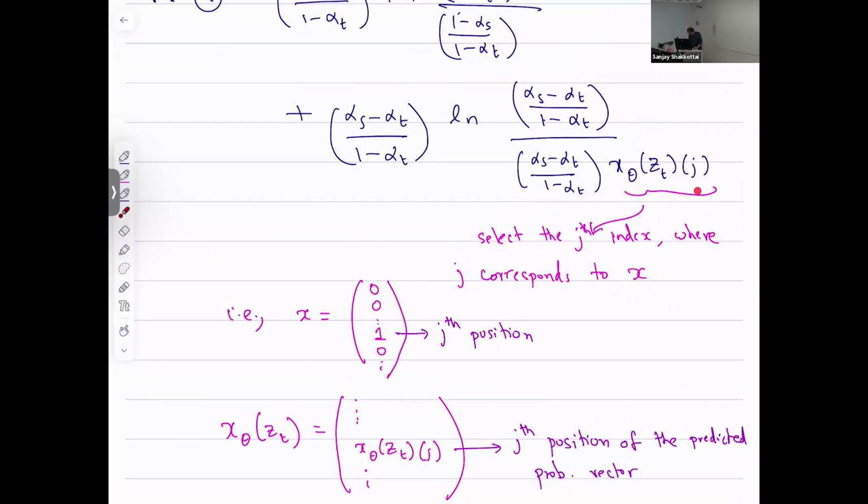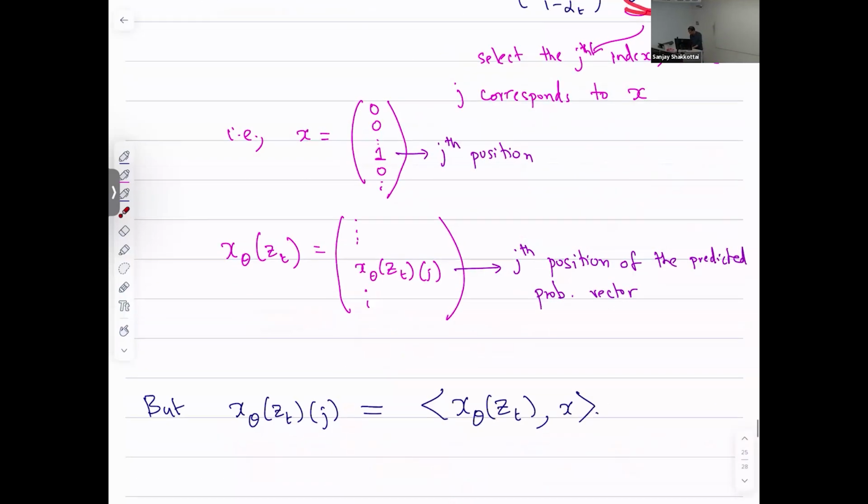Select the jth index where j corresponds to x. But x itself is also just one-hot, with the jth element being 1. Which means you can write this as the inner product of X theta of zt and x, because this is a selector.